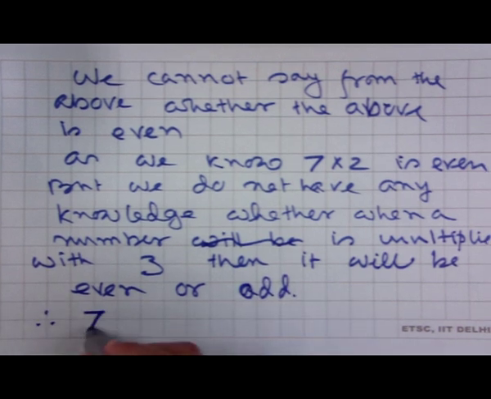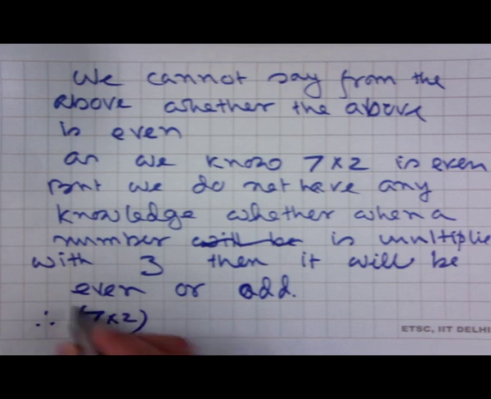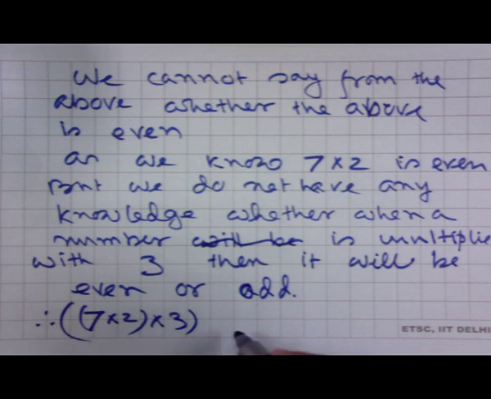Therefore, 7 multiplied by 2 multiplied by 3 we cannot say.